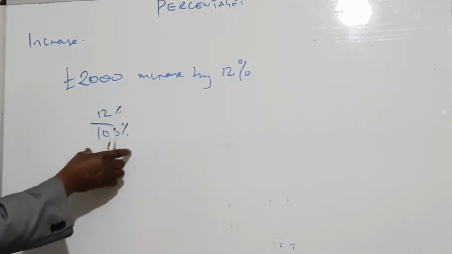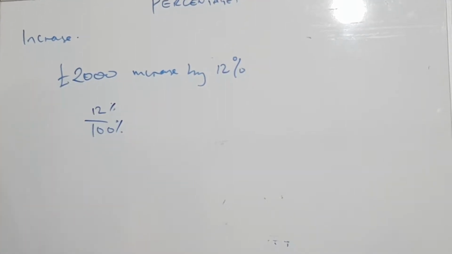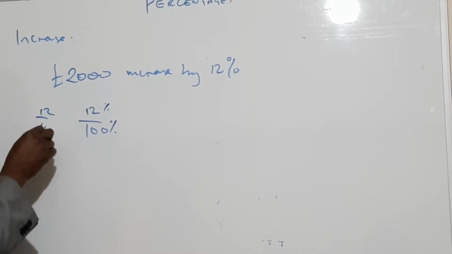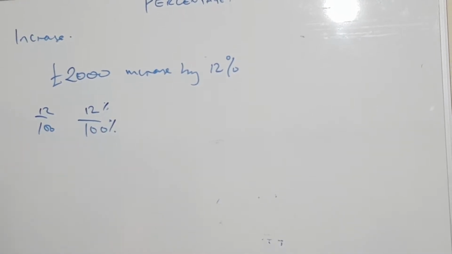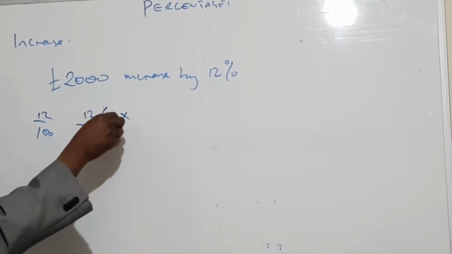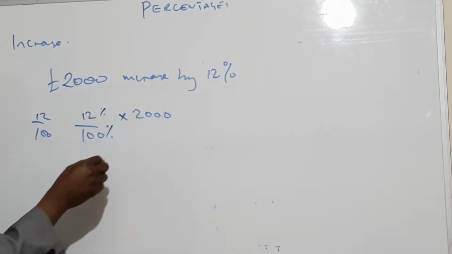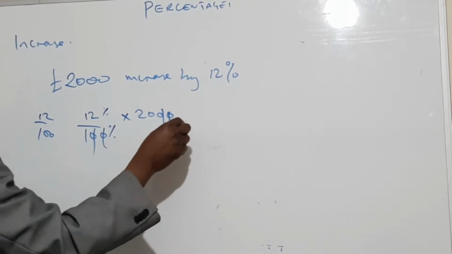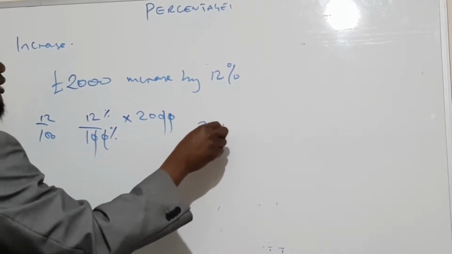So what is 12 out of 100 of 2,000? That's what it says in terms of fractions. So you multiply that amount, 2,000. The zeros will cancel, and we are left with 240 pounds.